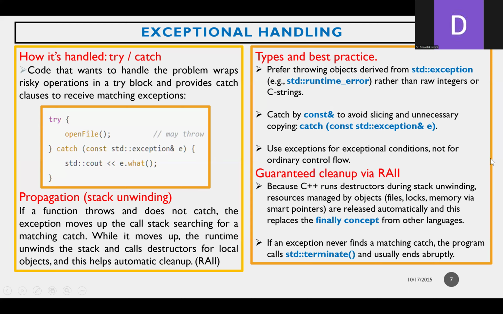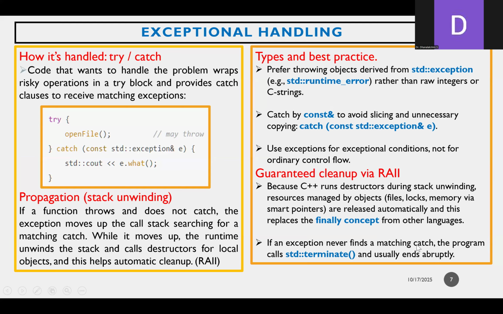Coming to guaranteed cleanup via RAII, destructors are called automatically during stack unwinding, so resources are freed safely. This plays the role of finally in languages like Java and Python. So the same function is done by exception handling here.